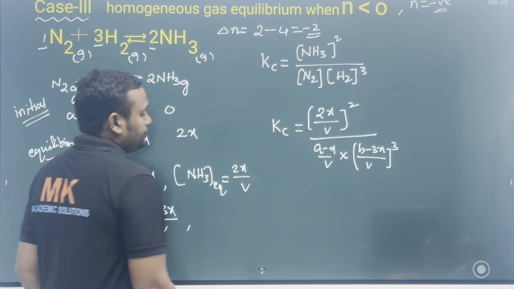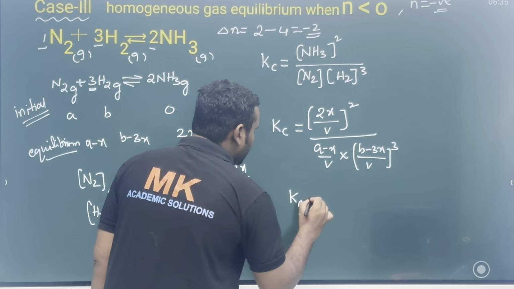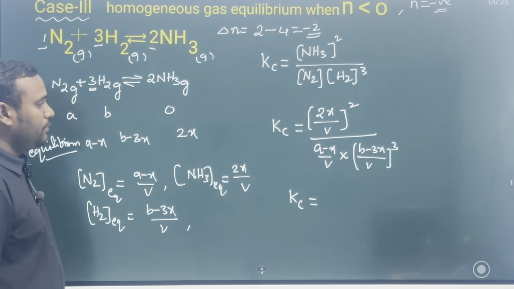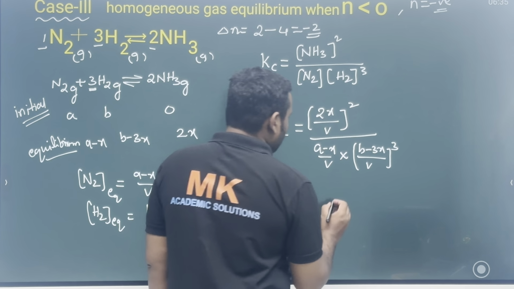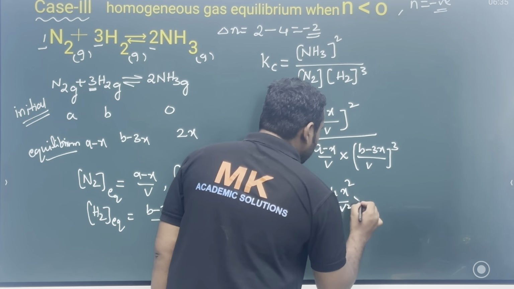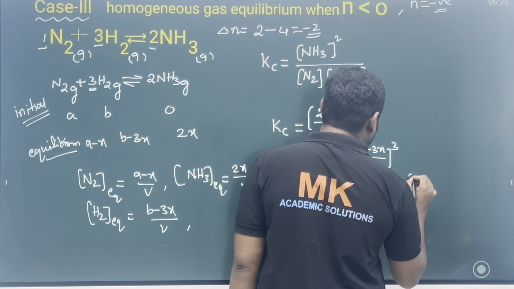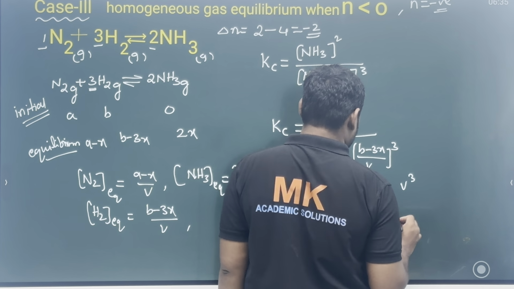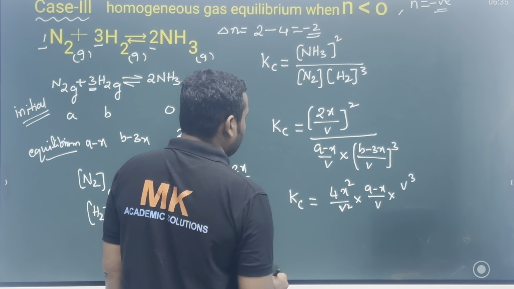Okay, so now Kc is equal to, what can we write here? 4x squared by V squared, into V by A minus x, into V cube by B minus 3x whole cube.